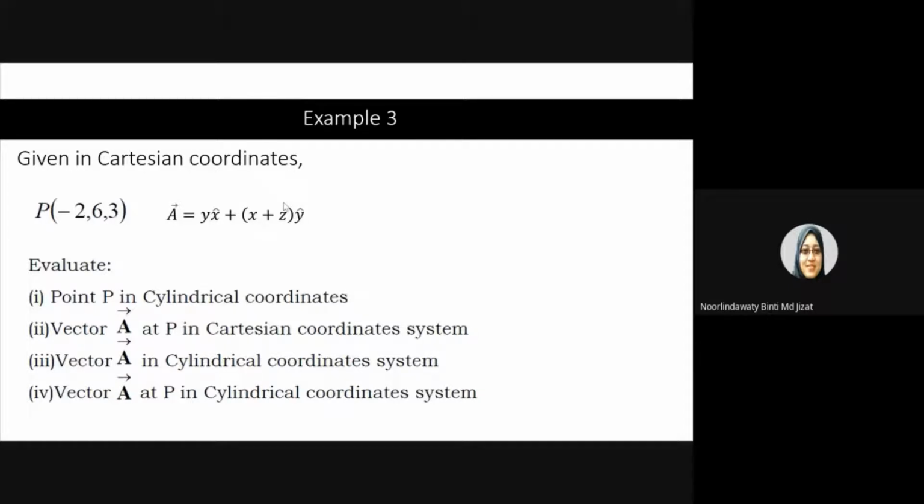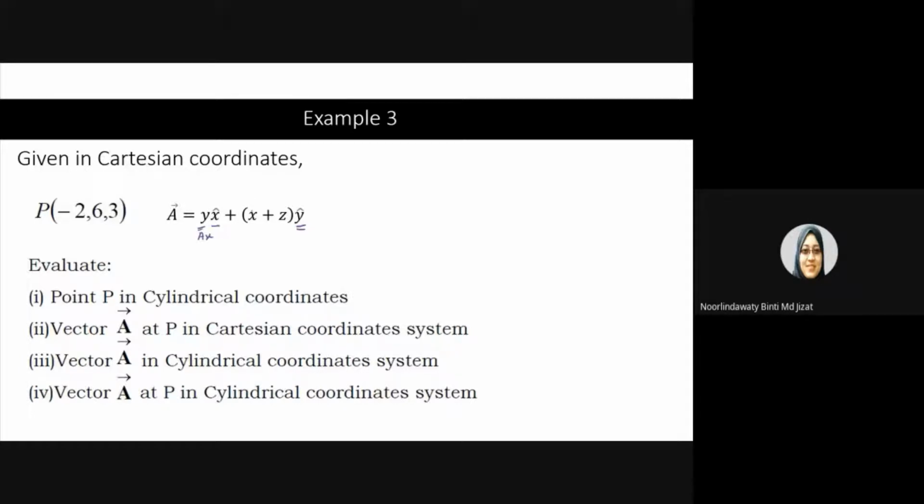So if you are given the Cartesian coordinates, you have your P given by -2, 6, and 3, with your A vector given by y x plus (x plus z) y. So all these things are moving towards the Cartesian coordinates. You can see that there is a magnitude of y moving towards the x direction, so this is your AX.